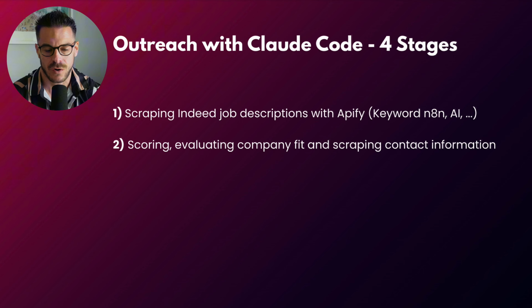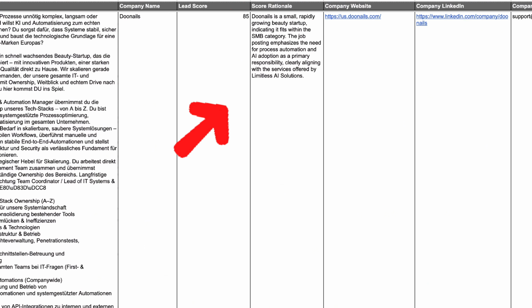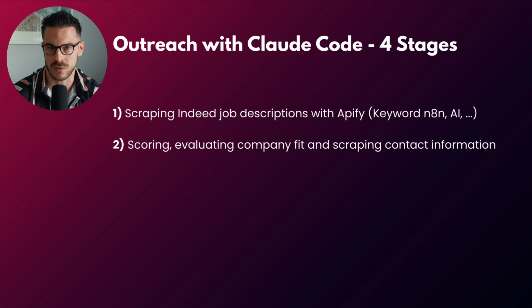Because of that, I instructed the system in a way that it calculates a score, how good of a match it actually is, and it also writes a little evaluation why it would be a good fit for me to work with that company. And only if a certain score threshold is exceeded, the system is scraping additional contact information. Because I don't want to scrape information about companies who are not even a good fit to work with.